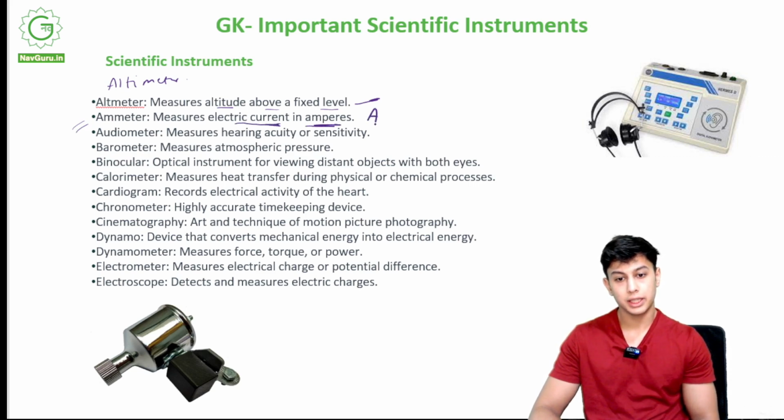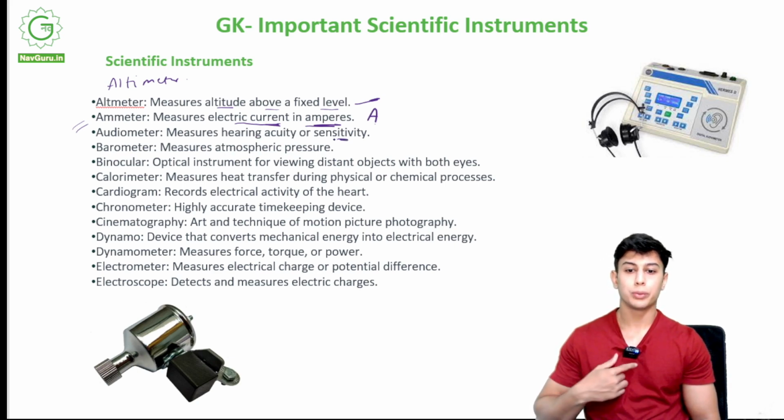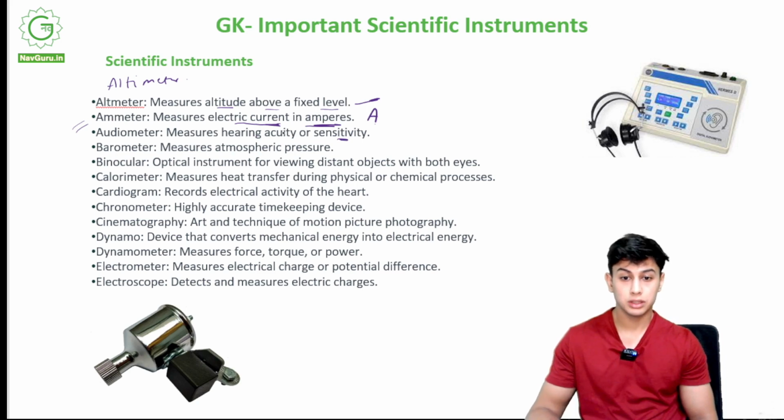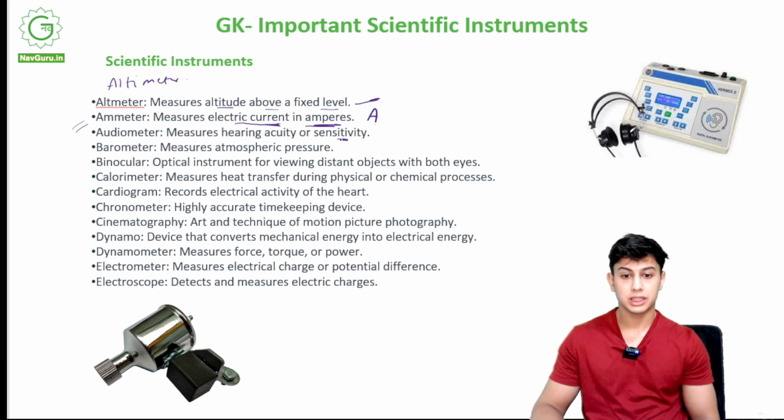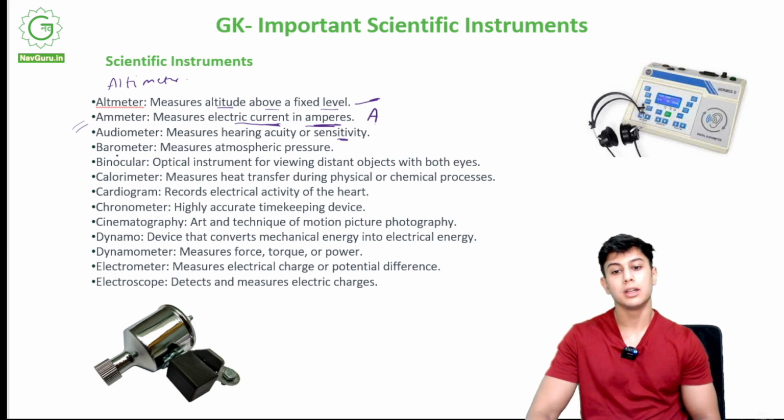The unit is A. The audiometer measures hearing acuity or sensitivity, how sensitive it is to sound, how loudly it is producing sound, right?